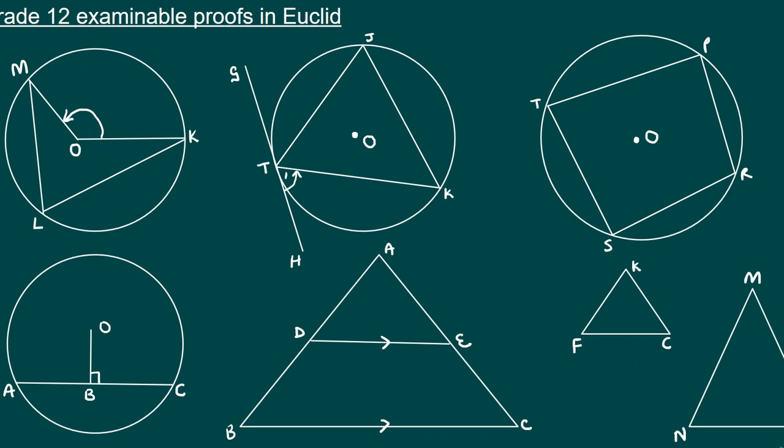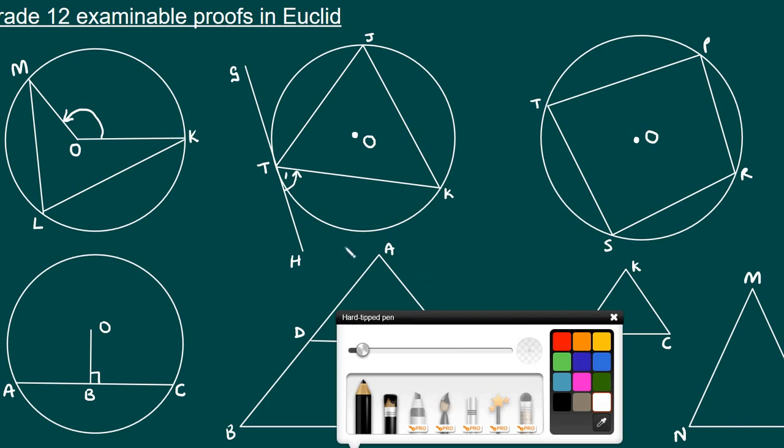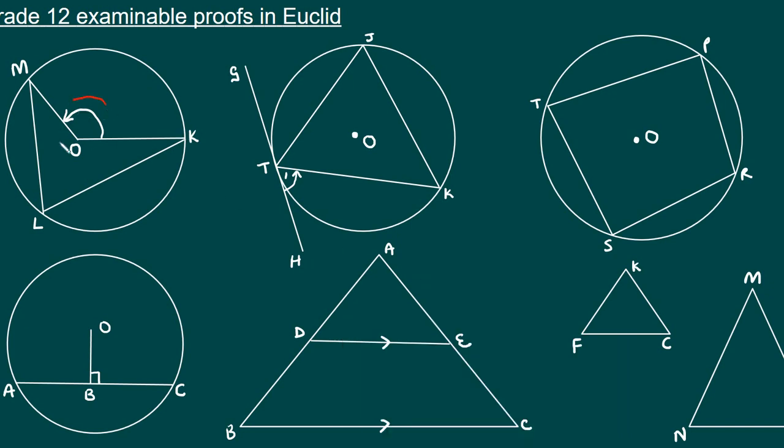I'm hoping that you are able to see this, and this is what we have in terms of the proofs. You're able to recognize them. The first one, if you can still remember, is talking about the angle subtended at the center being twice the one at the circumference. Remember this one, this is a tangent, so this is the tan-chord theorem. And then you should also remember this one, it's related to cyclic quadrilaterals, so when you add these two, you get 180, and when you add these two, you get 180.